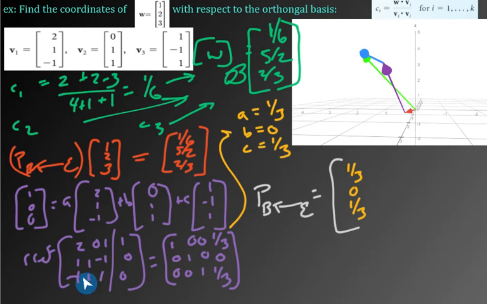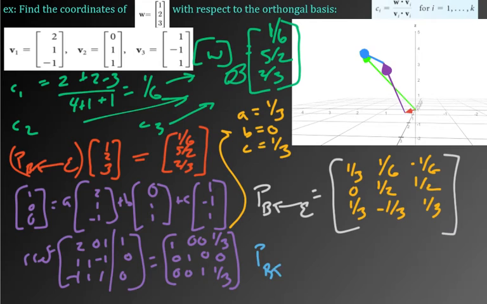Instead of this RREF, you would do 0, 1, 0, and you're going to get something. I can just tell you what it is because I did it. You're going to get a 1/6, and then a half, and then negative 1/3. And then you do the same thing. Now you do 0, 0, 1, and you RREF that one, and you're going to get negative 1/6, 1/2, and a third.